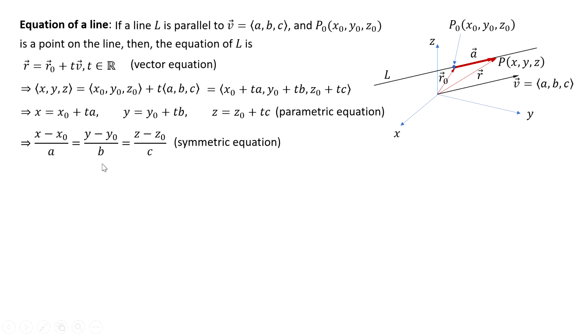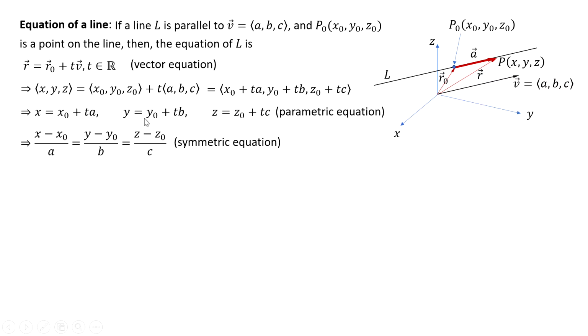Okay. And finally, notice, can I subtract an x sub 0 and divide by a? Take this x equals x sub 0 plus ta. Subtract x sub 0 and divide by a. Would I get a t when I do that? Well, if I were to take the second parametric equation, and say y minus y sub 0 divided by b, I would get t once again. Is this t that we got from the first equation different from this?